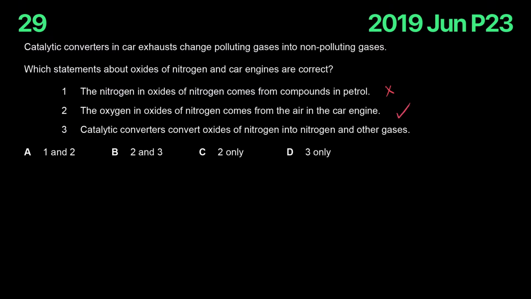Both nitrogen and oxygen come from the air. Catalytic converters convert oxides of nitrogen into nitrogen and other gases. This is kind of difficult for me. What actually happens is it takes NO and CO and turns it into N2 and CO2. It's not balanced, but this is what happens.